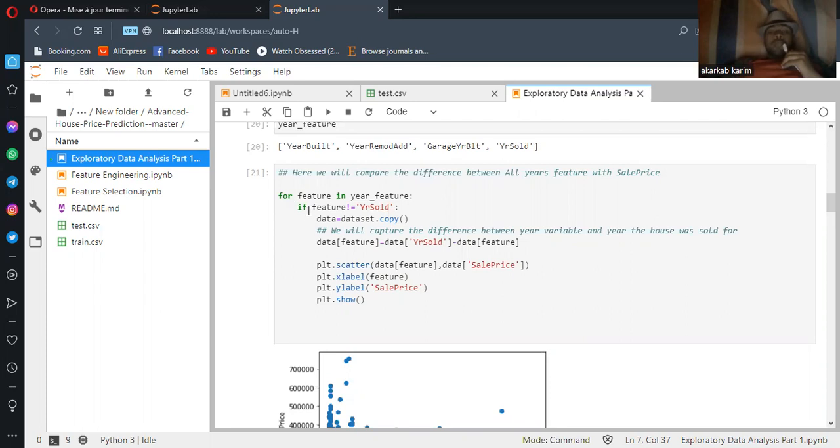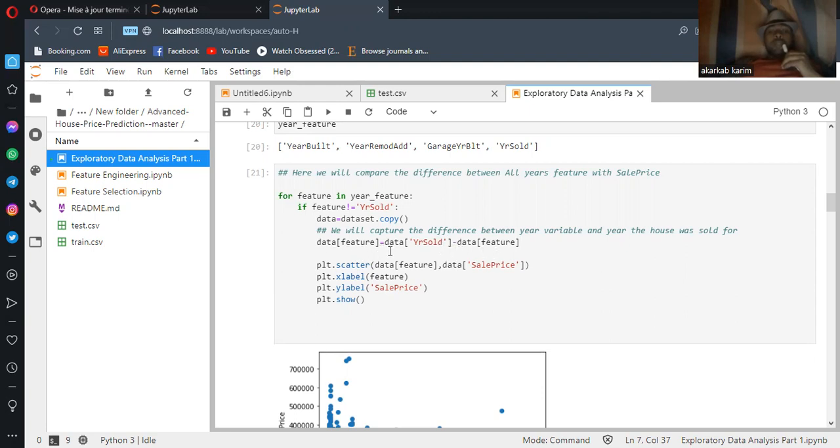If the feature is different from year sold, I need to make a copy of this data based on this condition. We compare the difference between the year variable and the year the house was sold. That means we are computing the difference here.